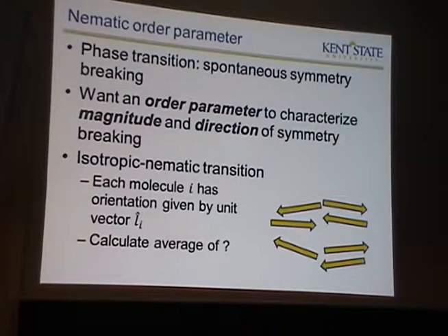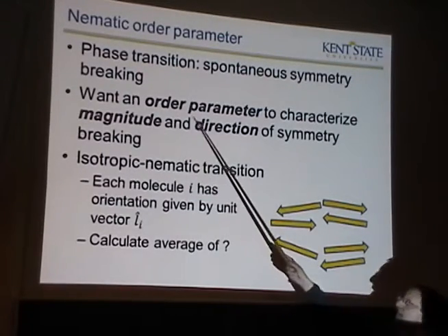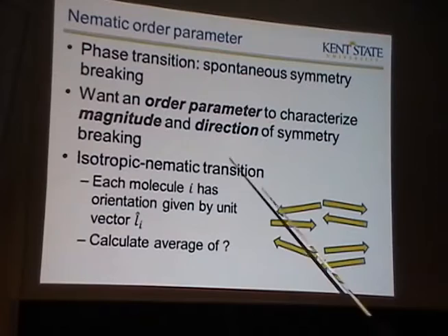That is, on what determines the kind of order in the liquid crystal, what determines how well aligned the molecules are and which direction they're pointing, or in other words, the magnitude and direction of the order.